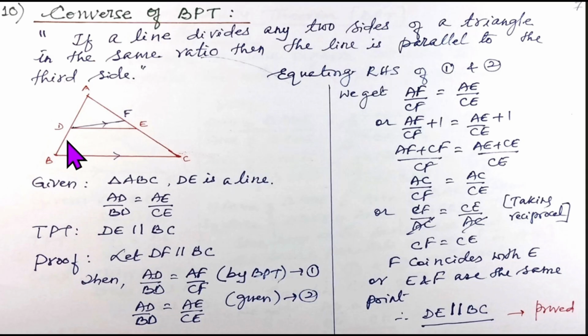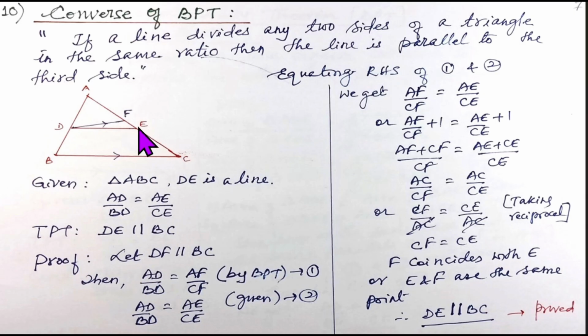But what is AF plus CF? AF plus CF is AC, and AE plus CE is also AC. Therefore, AC by CF is equal to AC by CE. Now taking the reciprocal of these two, I get CF by AC is equal to CE by AC. AC gets cancelled, then CF is equal to CE. That means CF is equal to CE is what we have proved.